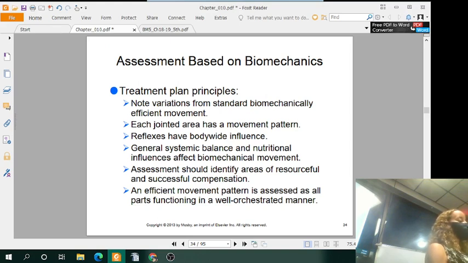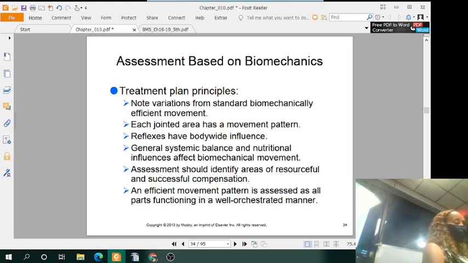If we find areas that have adapted because of trauma or repetitive use, it might not be optimal for the body, but it may be efficient for what the situation is. If it's resourceful and nice and strong and has a range of motion, then we wouldn't want to reverse that because that could develop more negative patterns.